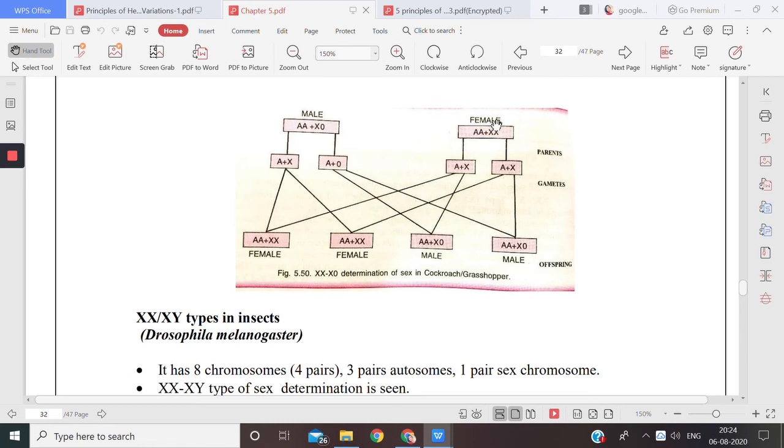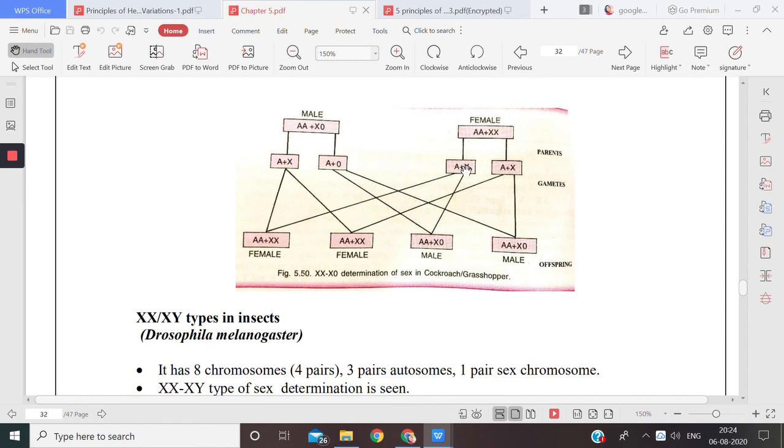For the female, these are the autosomes, and because it's a female, we have written XX. During the formation of gametes, meiosis will occur, so they will become haploid. Autosomes also become haploid. So A plus X, similarly A plus O.